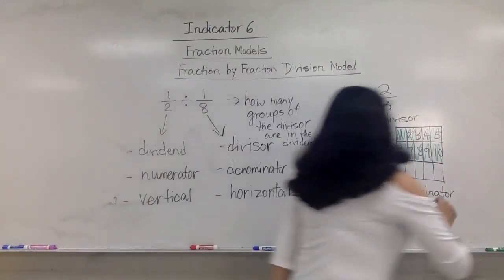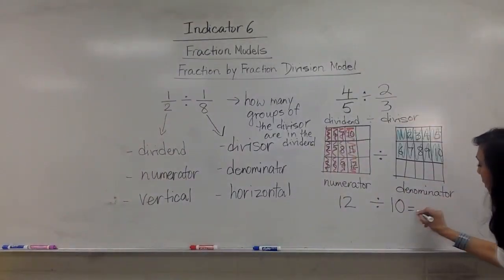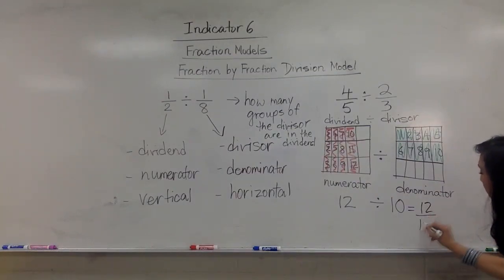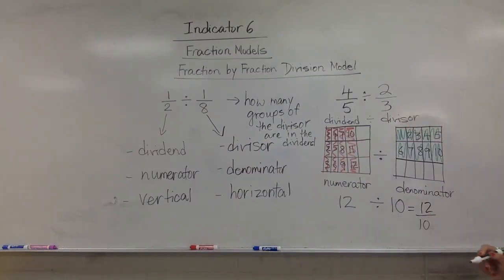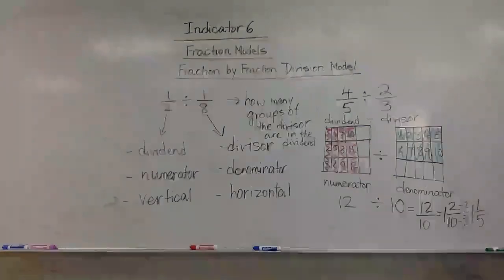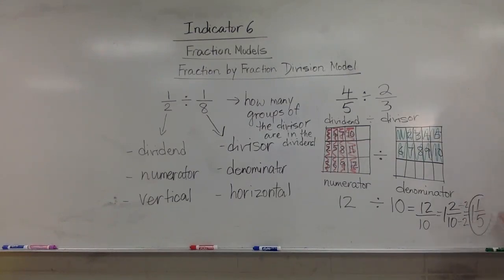So 12 divided by 10, and I get 1 and 2/10, which is not in simplest form. And so when I simplify, I divide by 2, and I get 1 and 1/5 as my final answer.